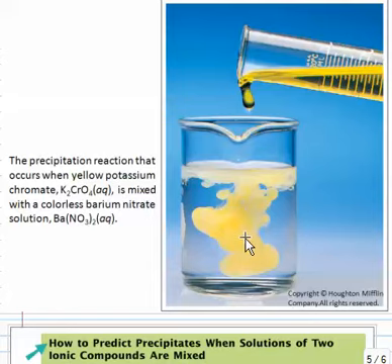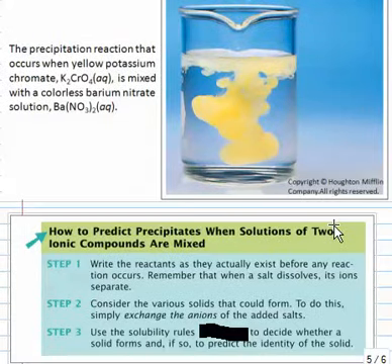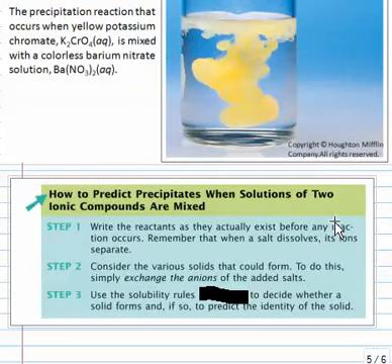Now, in order to be able to predict the identity of this ionic substance that is formed, the insoluble precipitate, we are going to follow a couple of standard rules. Okay? The first thing we want to do is to write the reactants as they existed before any reaction occurred. That is, we are going to separate the ions and write what we sometimes call a full ionic equation.